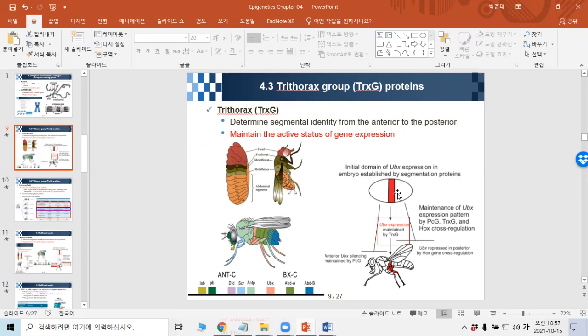Especially in this segment, the Ubx Hox gene is expressed. In this case, this Ubx expression is maintained by TrxG genes. The main function of TrxG is to maintain the active status of gene expression.